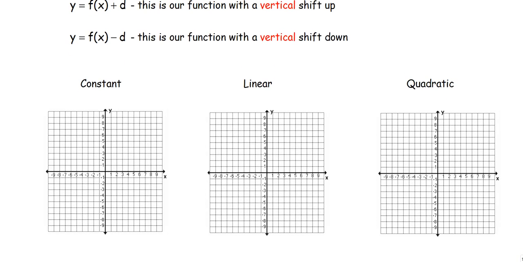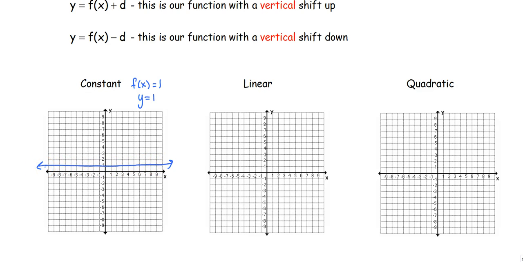Now let's talk about 3 of our parent functions without transformations. A constant parent function is f of x is equal to 1. Maybe you're not used to seeing f of x. You're generally used to seeing y equals 1. Y equals is going to be a horizontal line at 1.